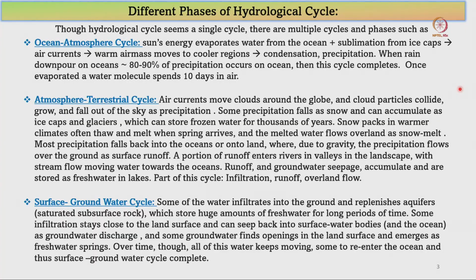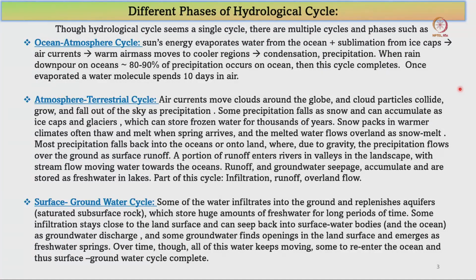Atmosphere and terrestrial cycle. What is this atmosphere terrestrial cycle? Once the water vapor in the air mass moves towards the land and precipitates there, it starts the atmosphere terrestrial cycle. This precipitation forms either as rainfall or as snowfall.